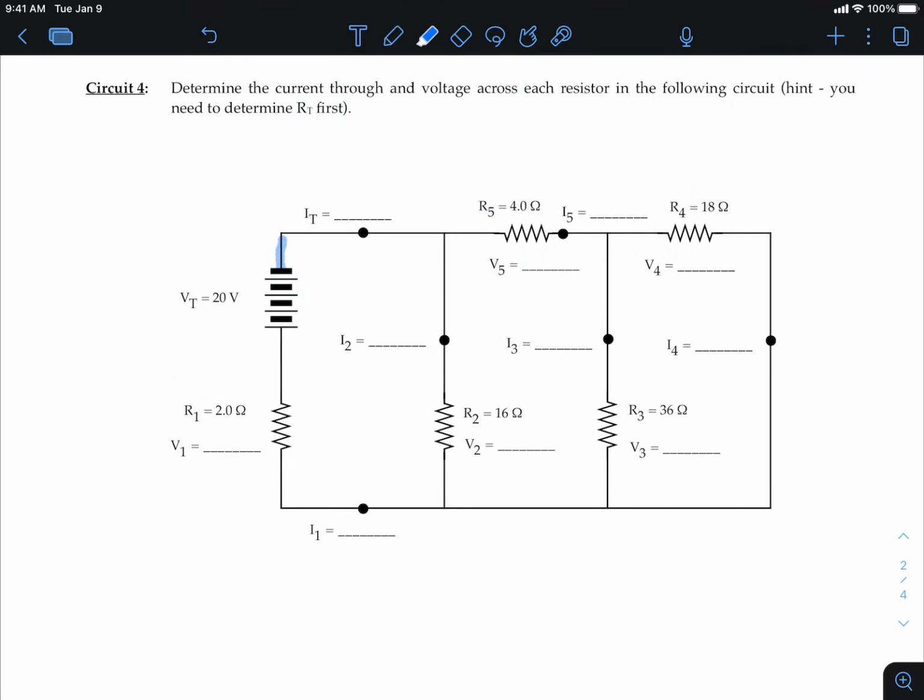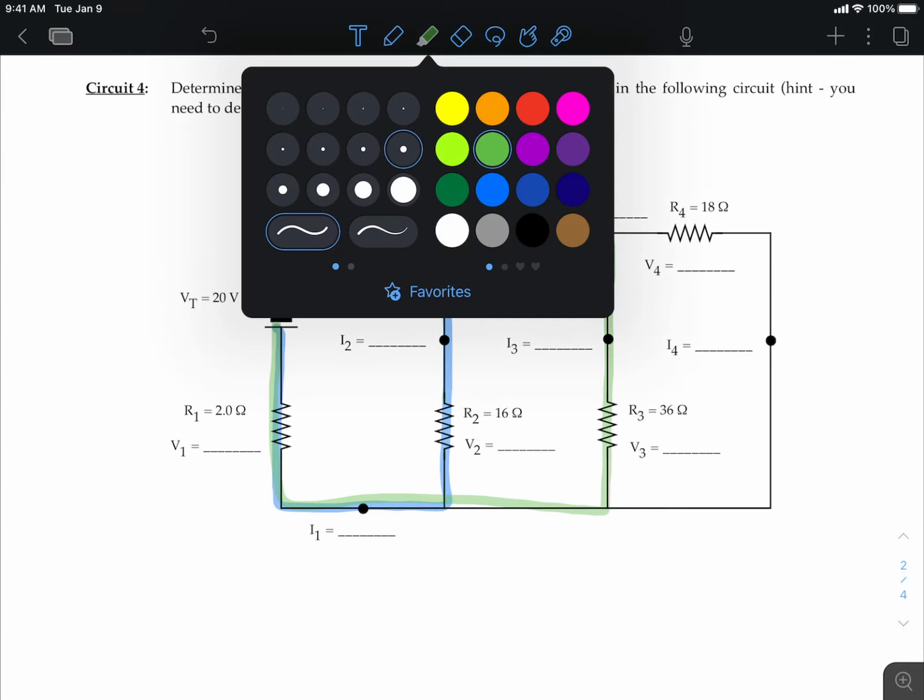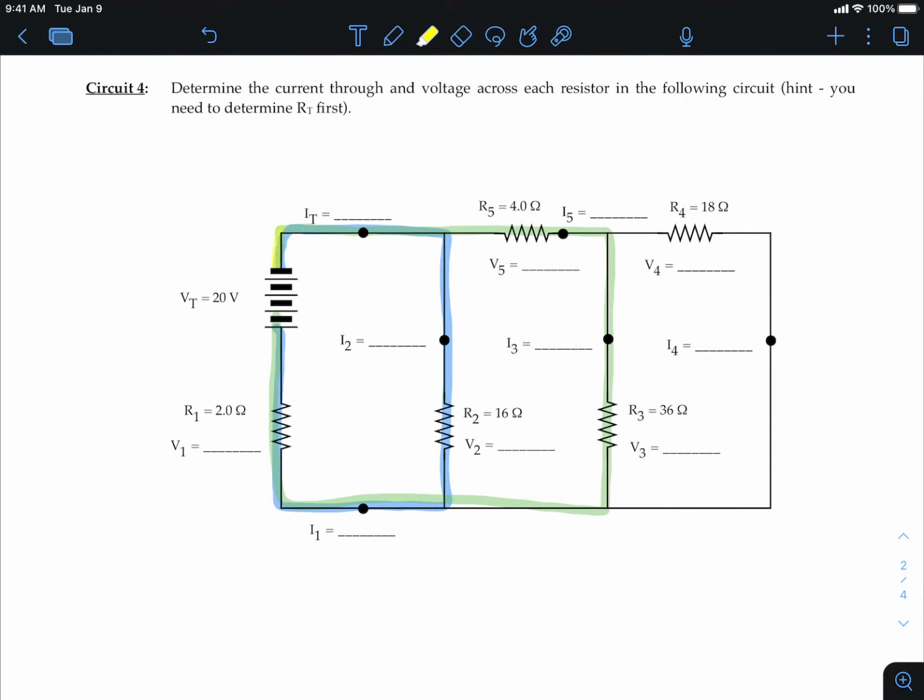It looks like the electrons can take the blue path, and then they could probably also take the green path. But then they could also take the other path. There's one more here, right? We could take this yellow path.